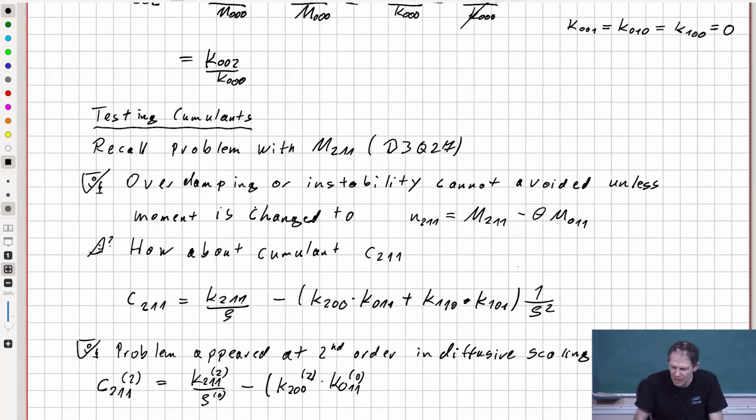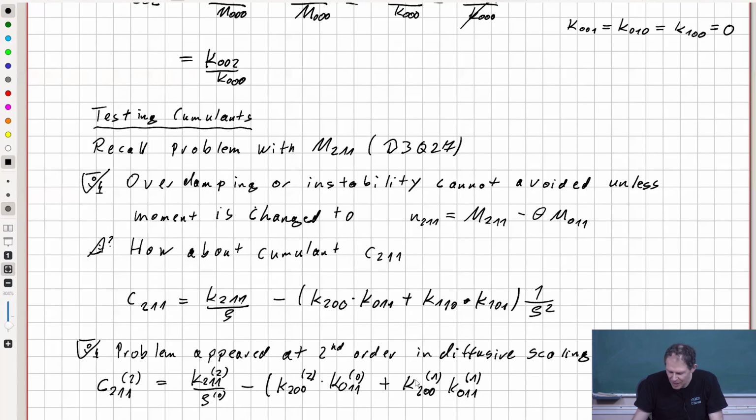So in principle, we also have first order K200, 011, first order. You remember when we have a product of two moments or anything else like this, the order that comes up here must always be the sum of the orders here, or the difference between this order and this order.